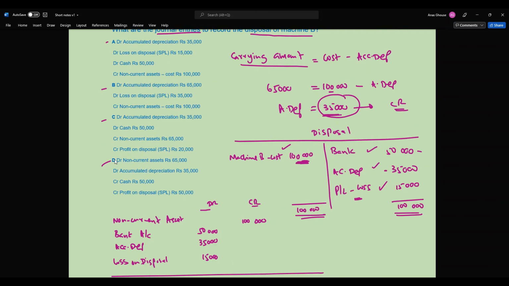The first one: debit accumulated depreciation 35,000, yes, correct. Loss on disposal is a debit balance, yes, that is also correct. Debit cash 50,000, the bank account should also be debited. Finally, the non-current asset should be credited, a credit entry of 100,000. Therefore the correct answer is answer A.